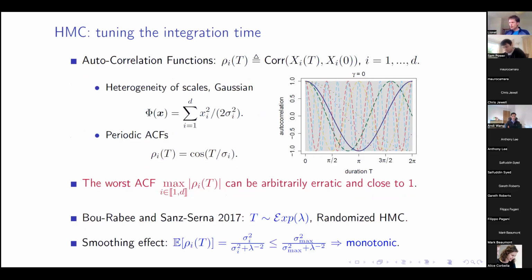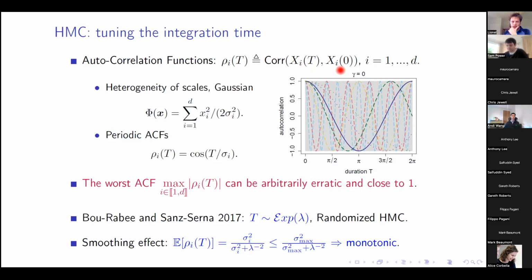In particular, here we illustrate these problems of a fixed choice of integration time for HMC on a heterogeneous Gaussian. Right? So it's just a simple Gaussian distribution with different scales, right? Okay. And so we're going to plot here the so-called autocorrelation functions, or ACF, that correspond to the correlation between the output of a trajectory and the input of the trajectory.